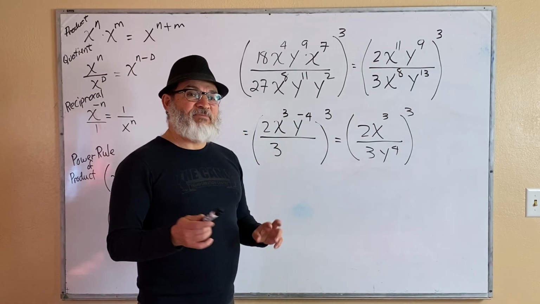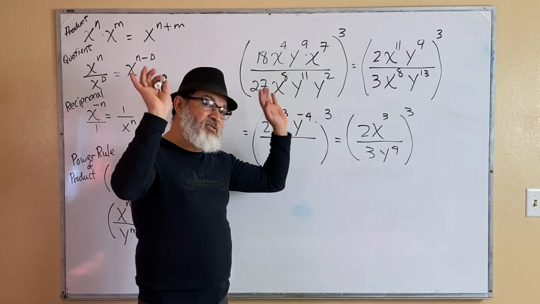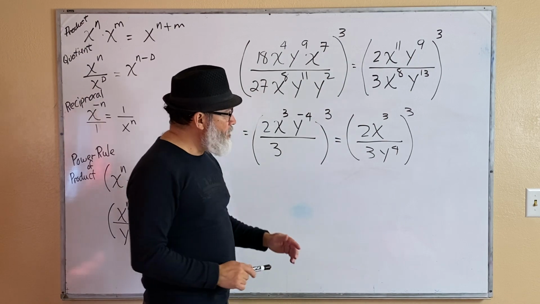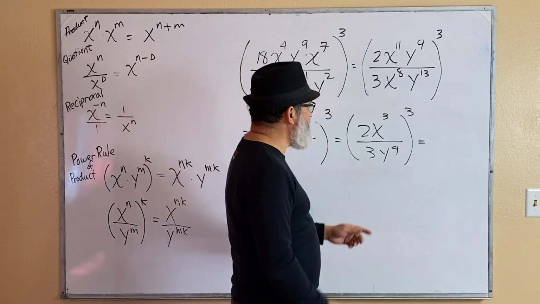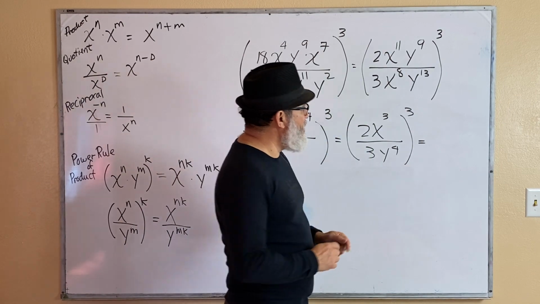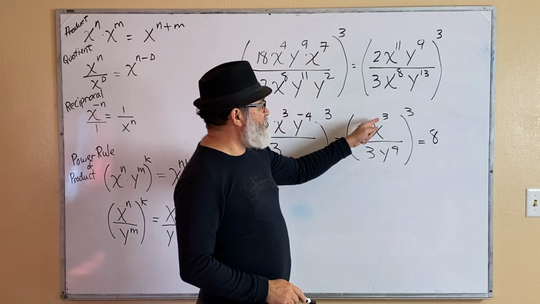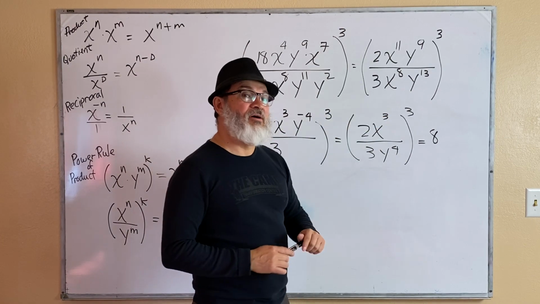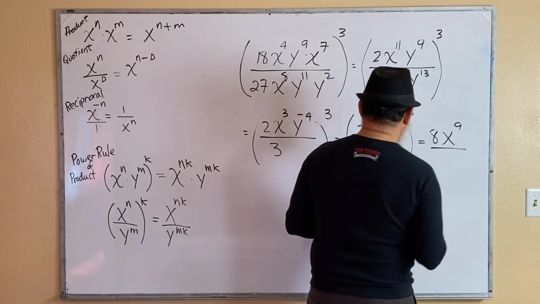Now that the house has been simplified, I can raise the roof. Everybody in the house gets to raise the roof. What's 2 to the 3rd? 8. What's x to the 3rd to the 3rd? X to the 9th divided by.